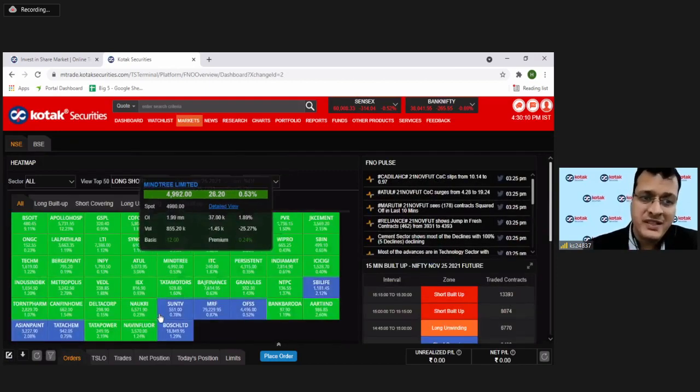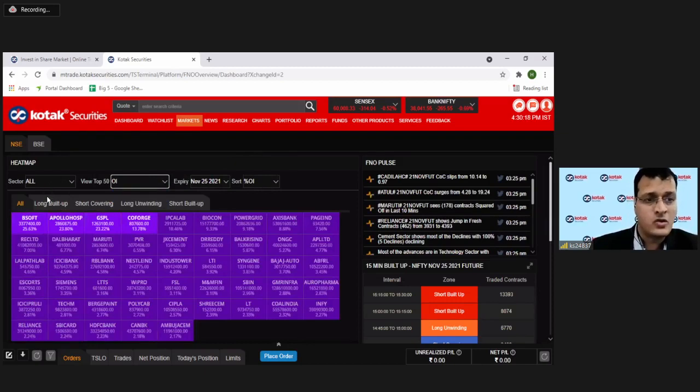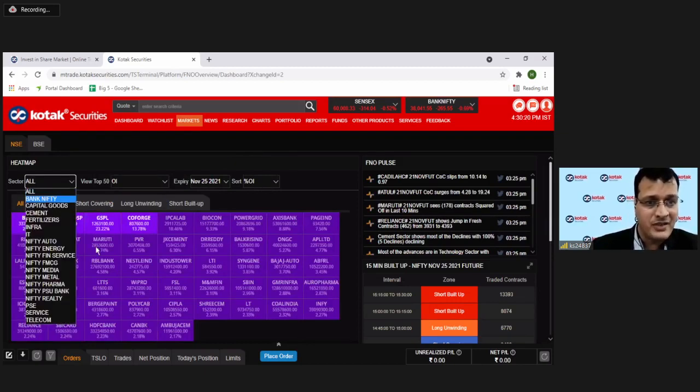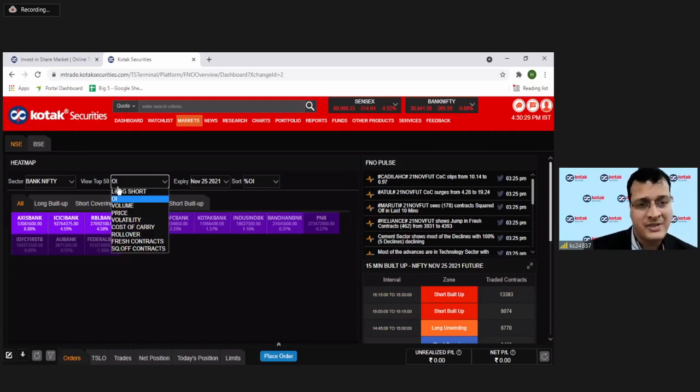Now these are the stocks which encountered long build up. In case I want to see which stocks had the highest OI, in Bank Nifty probably, if you see OI, these are the stocks which had the highest OI today. Similarly, there are different tabs available. Depending on your trading decisions, you can select the tab and get the desired results.